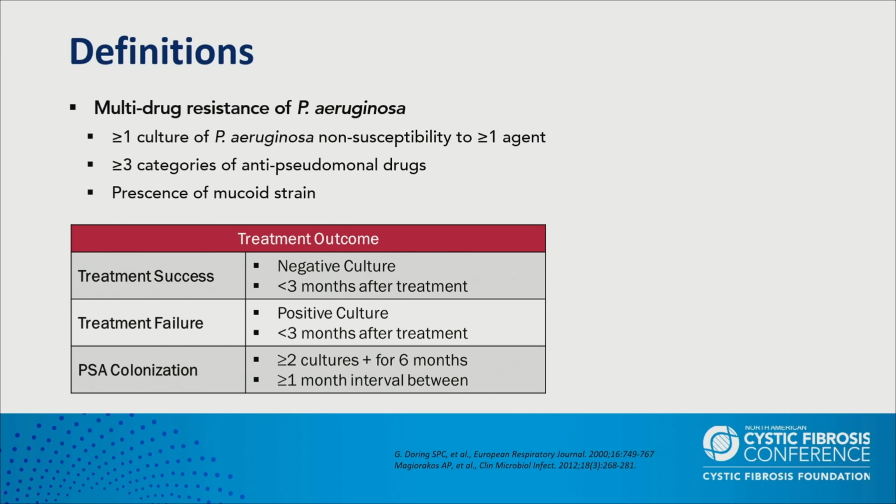We define treatment success as being culture negative for Pseudomonas within 3 months after treatment. Treatment failure was having a positive Pseudomonas culture within those next 3 months, and we define Pseudomonas colonization as greater than 2 cultures for the next 6 months with at least 1 month in between those 2 cultures.